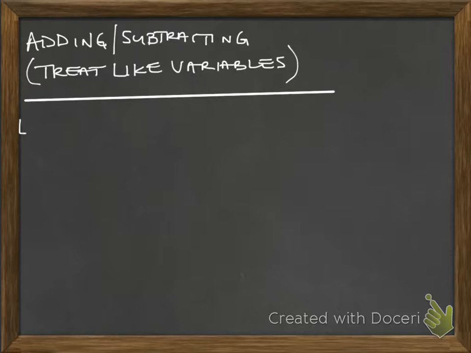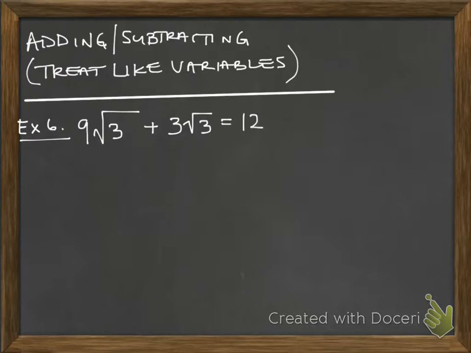So here's our next example. Let's say I have 9 square roots of 3 plus 3 square roots of 3. What does that equal? 12 square roots of 3.